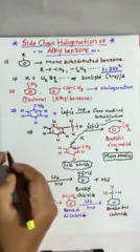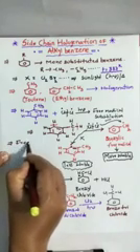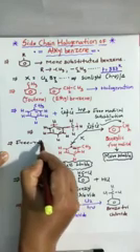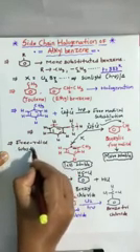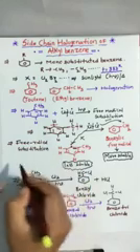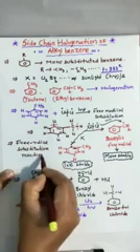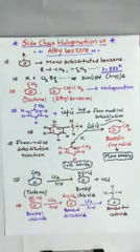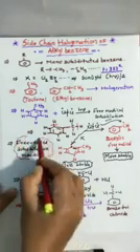So what type of mechanism takes place here? Free radical substitution reaction. Remember, side chain halogenation of alkyl benzene is a free radical substitution reaction.